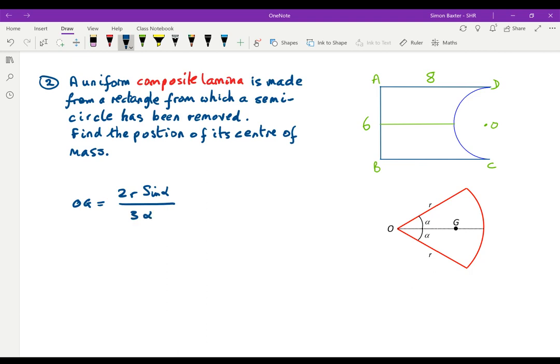Well, in this case, we have a circle whose radius is half of 6, radius is 3, and remember that alpha is only half of the angle at the center. The angle alpha is pi by 2.